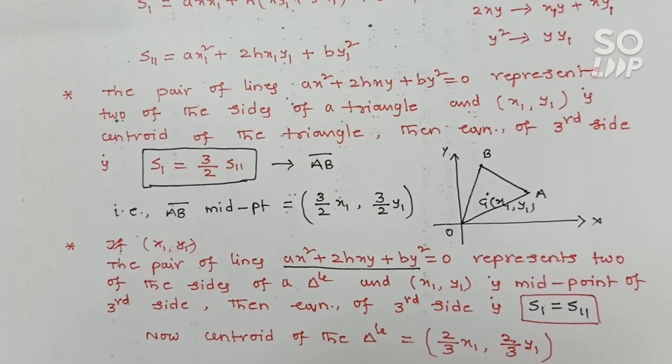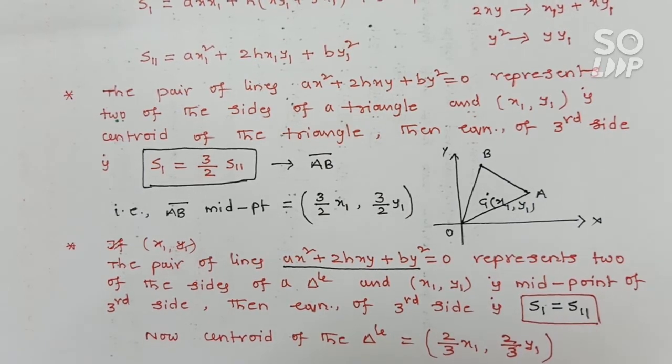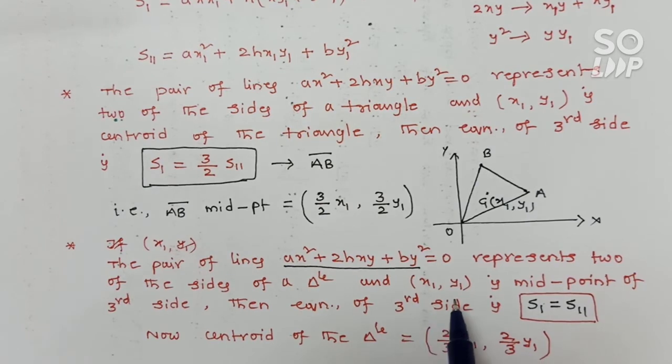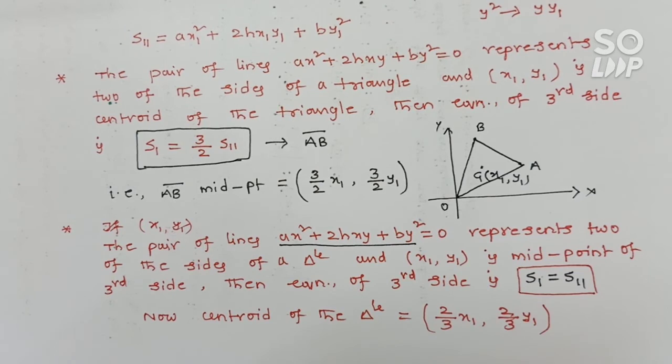So this is the centroid of the triangle when the midpoint of the third side is given.